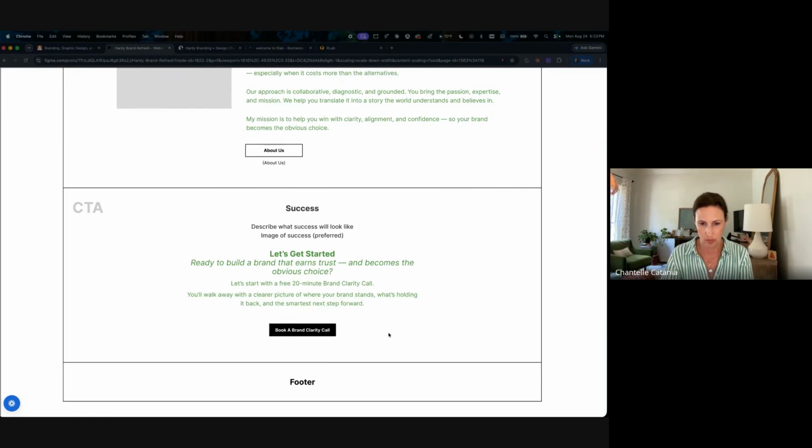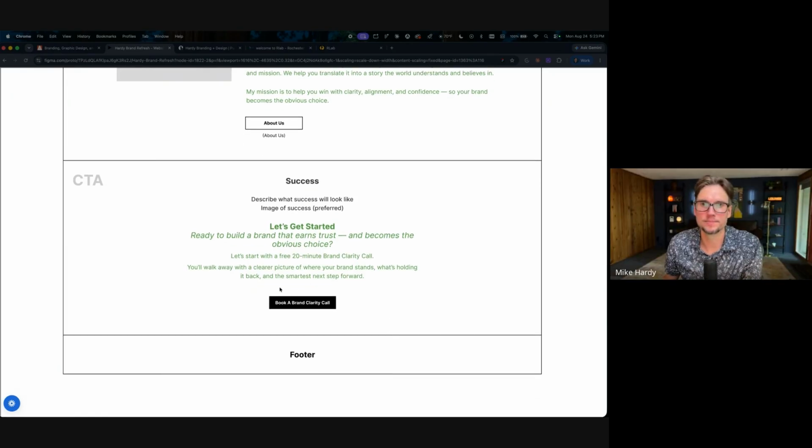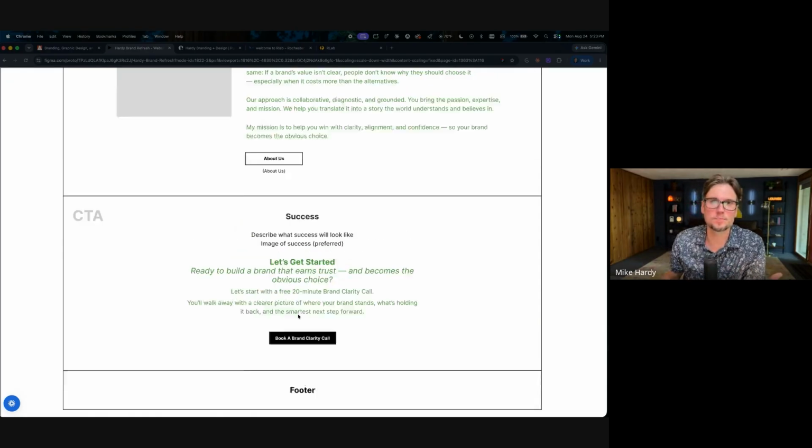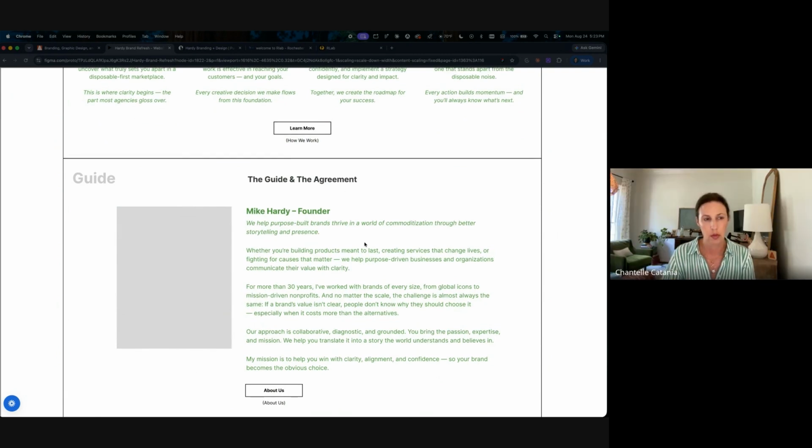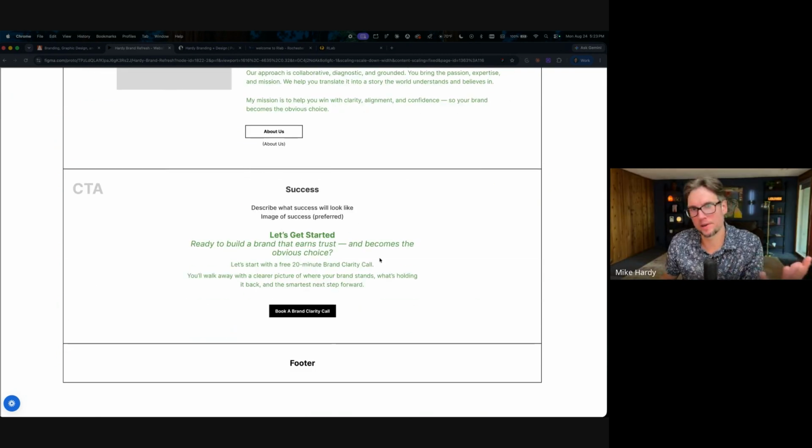And then at the very end, you hit them with a call to action. So at that point, they understand what you do, how you do it, what it is, why they need it. You're validated because people have vouched for you. Basically, you've introduced yourself as a person. This is also an opportunity to use some personality in the guide portion where it's not quite so businessy. And then at this point, you're ready to get started.